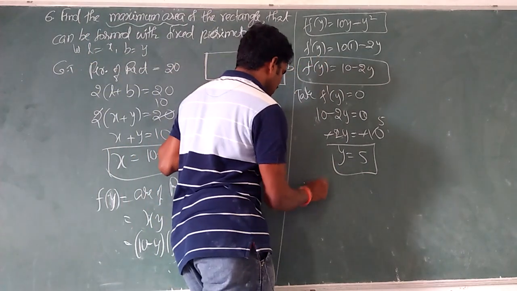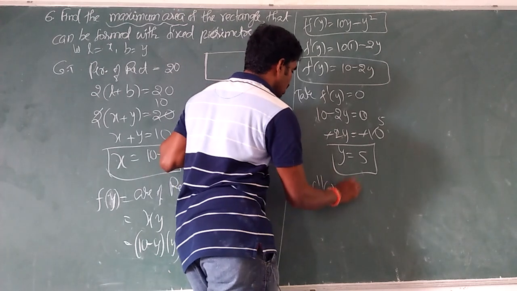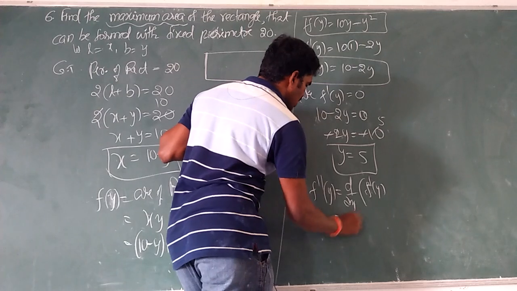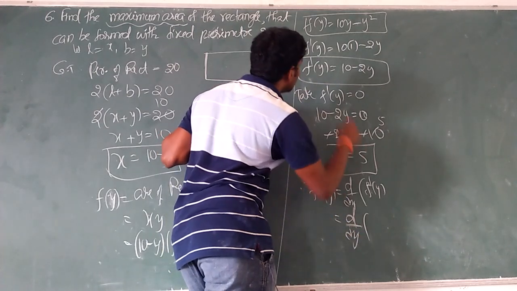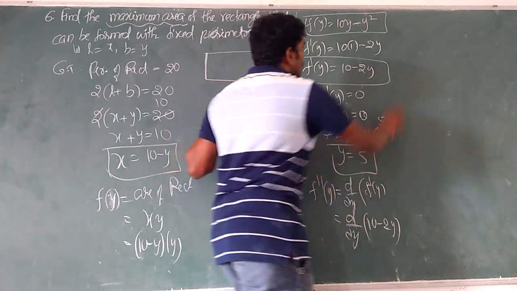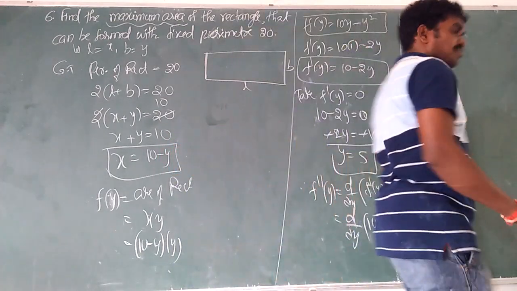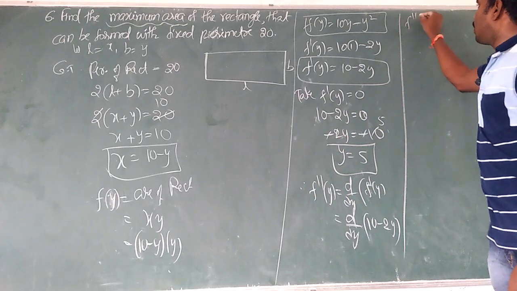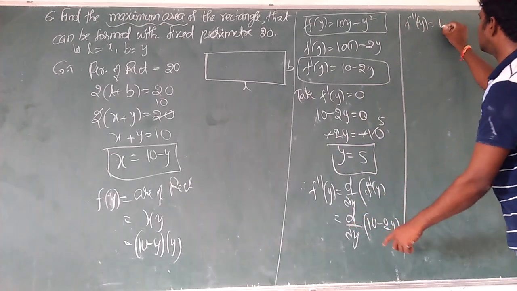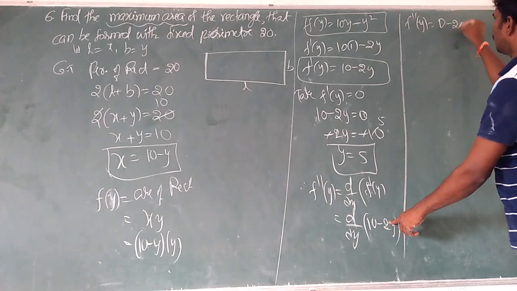So therefore, f double dash of y equal to what? Derivation of f dash of y. So what is f dash of y here? 10 minus 2y. I think directly this can be okay. f double dash of y equal to 10 derivation 0 minus 2 into y derivation 1.